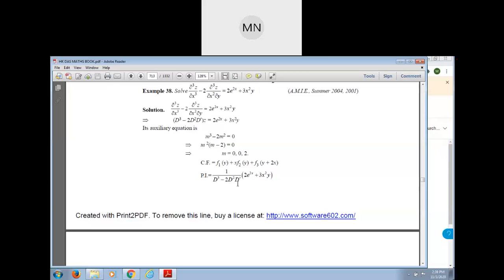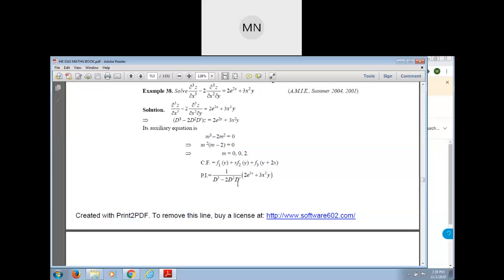For the first part, I will say the answer. It will be 1 by 8 into 2 into e to the power twice x, so it becomes 1 by 4 e to the power twice x. And in the second part, try to find the PI.